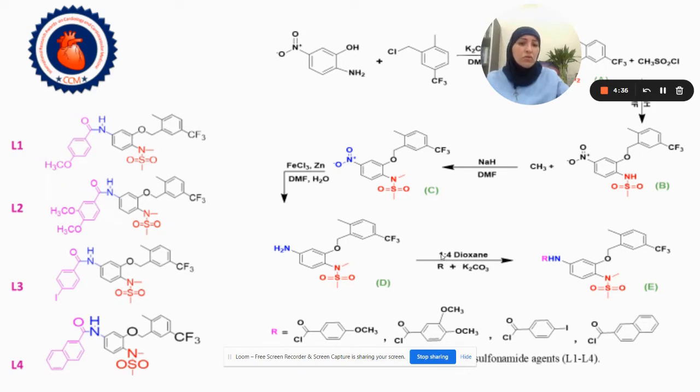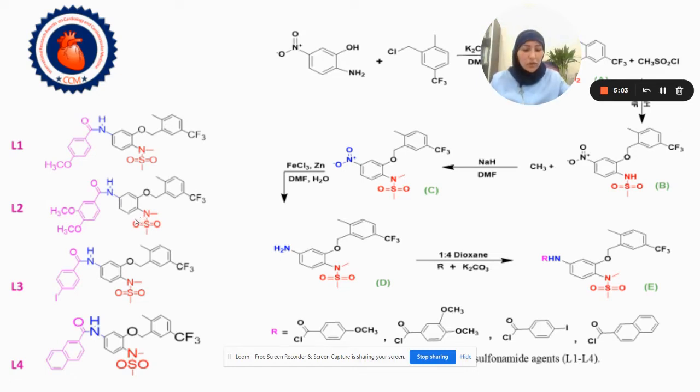Compound D is treated in the presence of 1,4-dioxane, potassium carbonate, and the R group. For the R group, we used 4 compounds. The first one, 4-methoxybenzoyl chloride, gives us L1. The second one, 3,4-dimethoxybenzoyl chloride, gives compound L2.